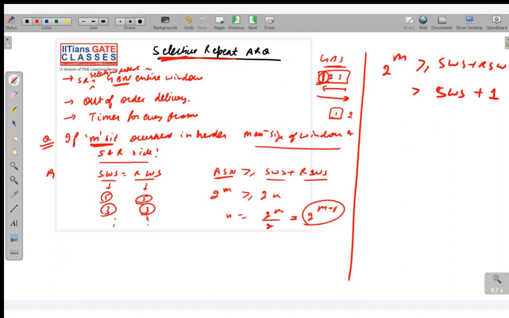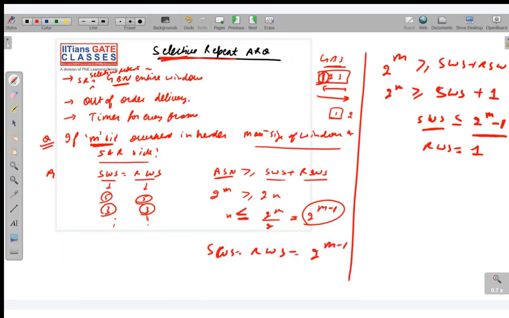So sender window size was less than or equal to 2 power m minus 1, and receiver window size was only 1. But here in Selective Repeat or SR, sender window size is equal to receiver window size, which is equal to 2 power m minus 1.